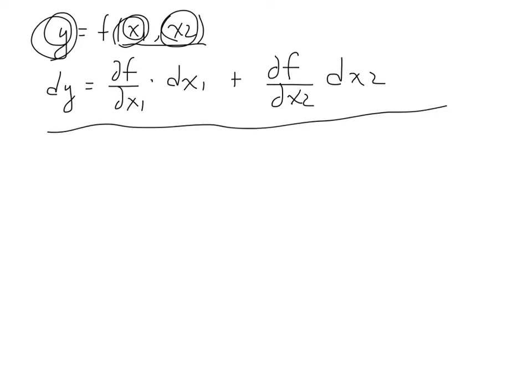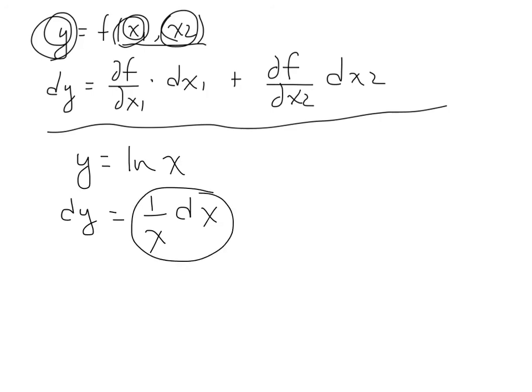Most of what we see in this class, however, is going to be that bivariate form of the total differential, and it's going to be in relation to logs. So when we see, for example, y equals log of x, and we look at dy, and we know that that's 1 over x times dx, we can then stop and look at the meaning of this.